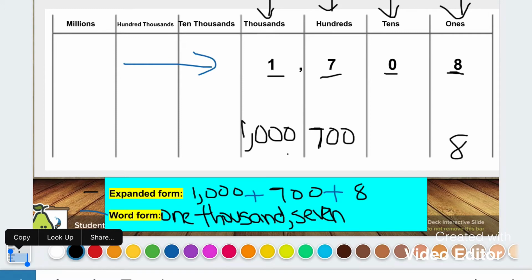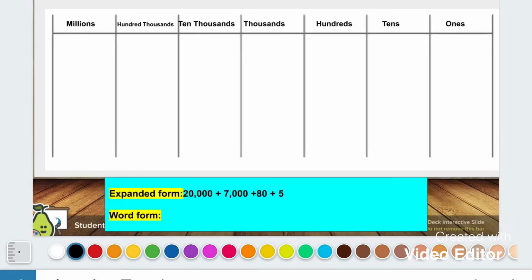And wherever there's a comma in your place value chart, make sure you're putting that comma in your word form. 708. Easy peasy.